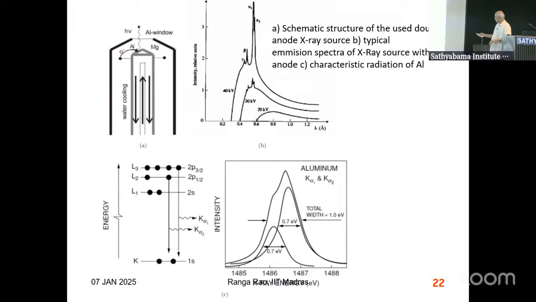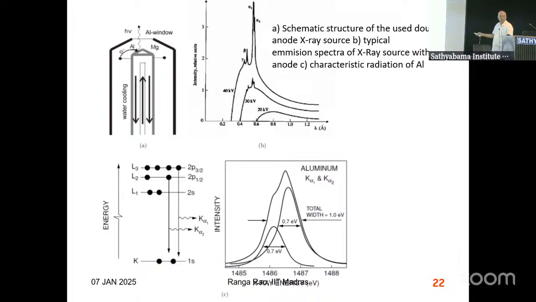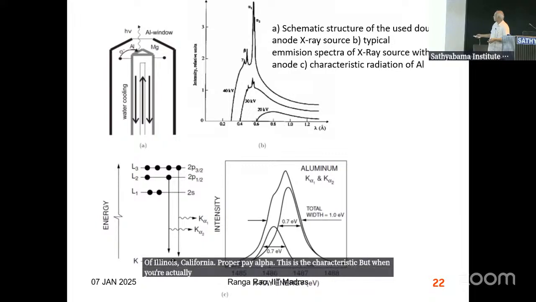What we are looking at is K alpha. This is alpha, this is beta. This is the radiation which has a very precise energy. This is the X-ray spectrum of aluminum K alpha or copper K alpha. This is the characteristic spectrum, but when you are actually bombarding, you get this kind of spectrum. What we are looking at is this one, alpha. In X-ray notation there is alpha 1 and alpha 2.